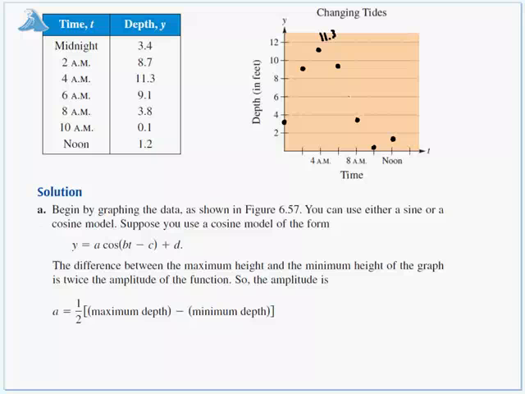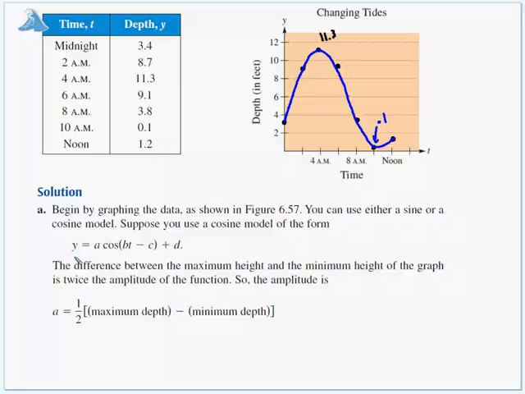So it doesn't look like we have a full cycle here, but we can see our data is increasing. We hit our peak, and then we start coming back down. We bottom out. Our peak occurred at a depth of 11.3 feet. Our shallowest depth was at 0.1. So we want to model this to fit a trig function.